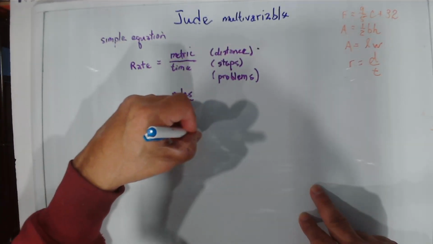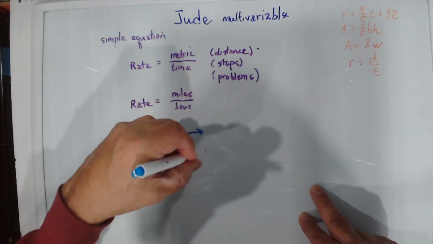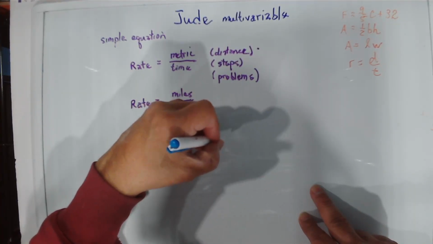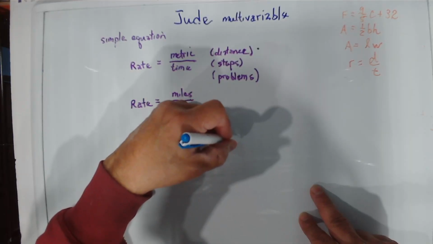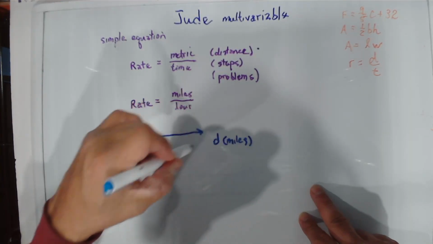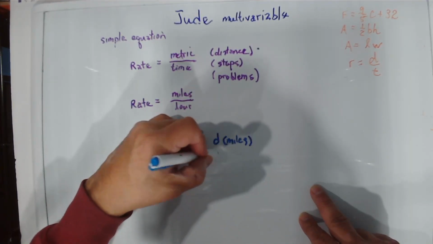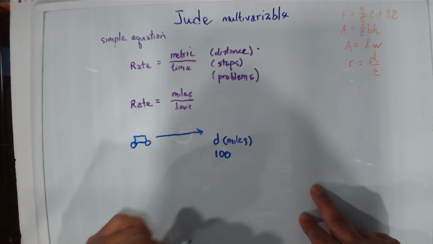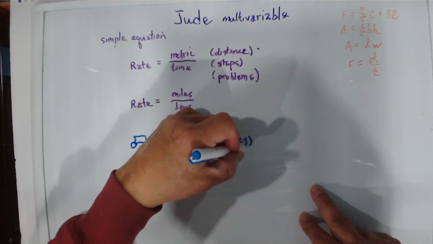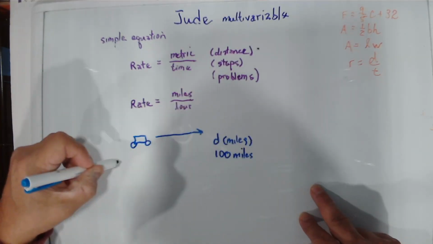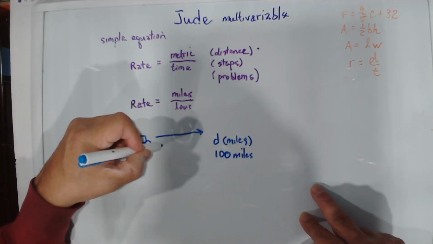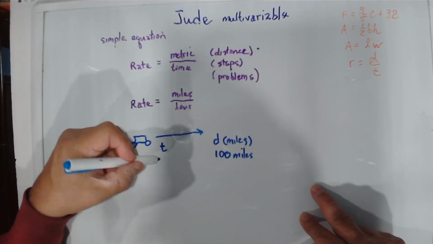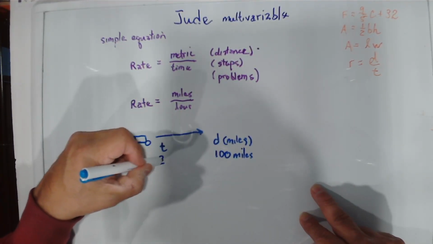It's going in a certain direction, and it goes a certain distance, d, which we're going to measure in miles. Let's say it goes 100 miles, and the time that it took to go that distance, let's say it took 2 hours.